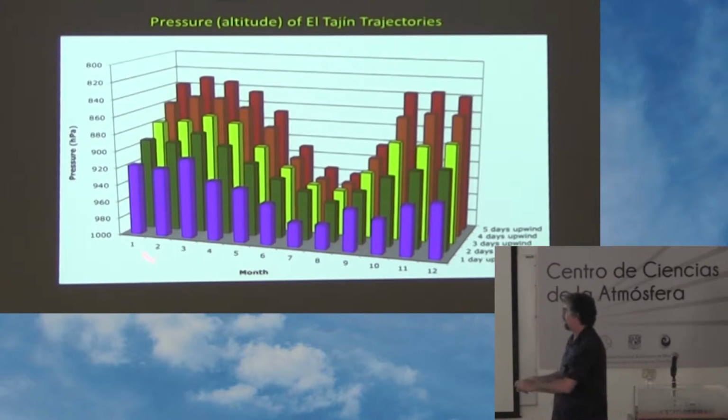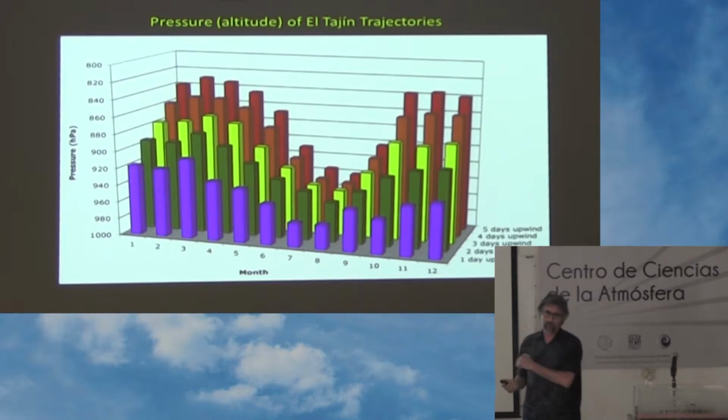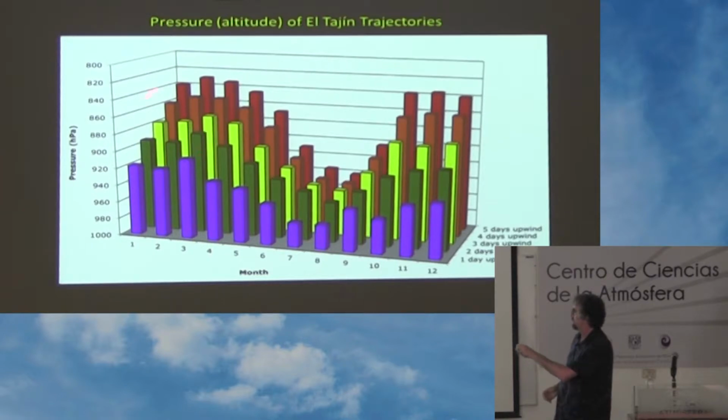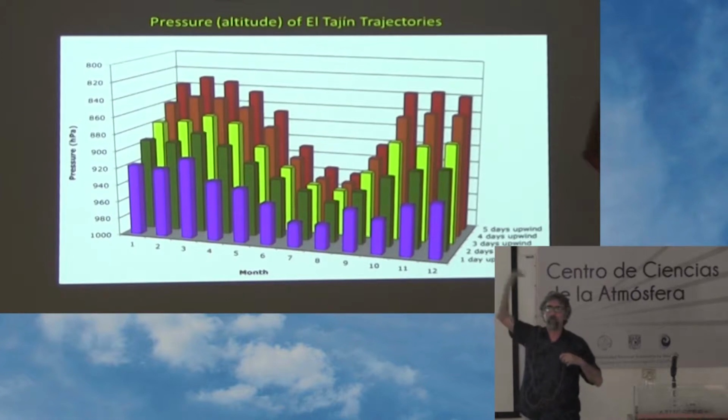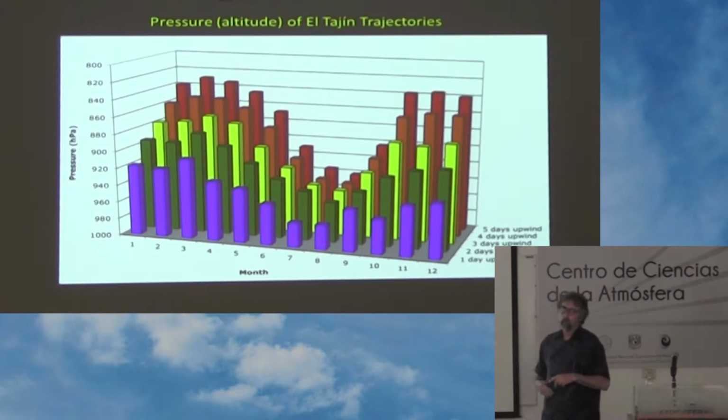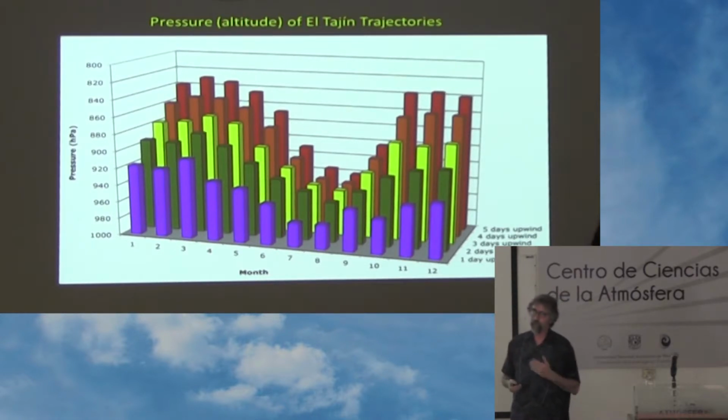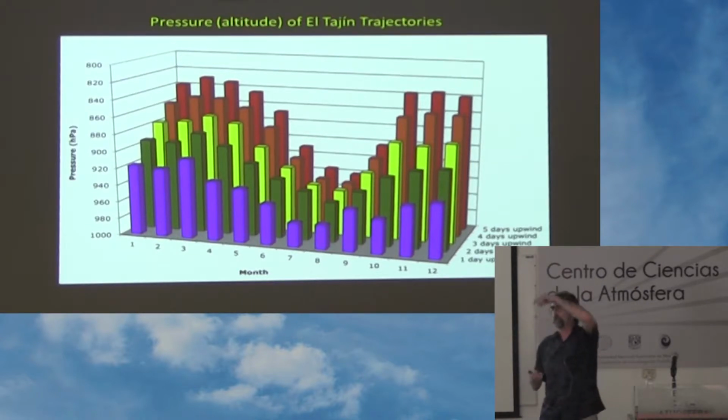Now, in the other months of the year, remember that you have two kinds of transport, from the east and from the north. Now, for those months, the average pressure is a lot lower, which means the average altitude that the air is moving at is higher. So what that tells you is that pollutants that come from those areas, from the north, for example, are more diluted because there is a larger volume of air over which they mix.